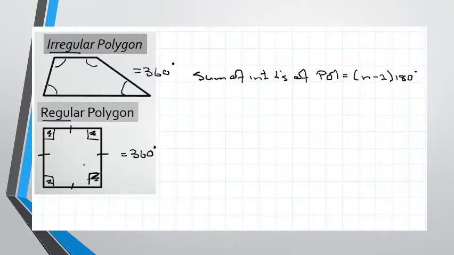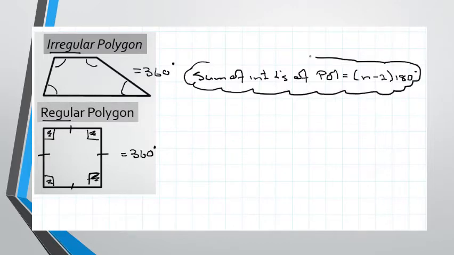The sum of the interior angles of a regular polygon. So therefore this formula that we have highlighted here for a polygon is for an irregular polygon as well as for a regular polygon, in both cases. Very important to know that, because the angles every time are interior. So the formula is for both.